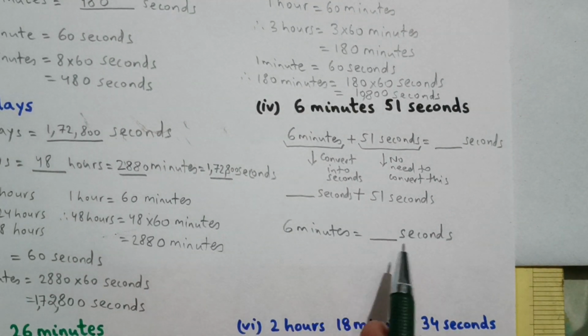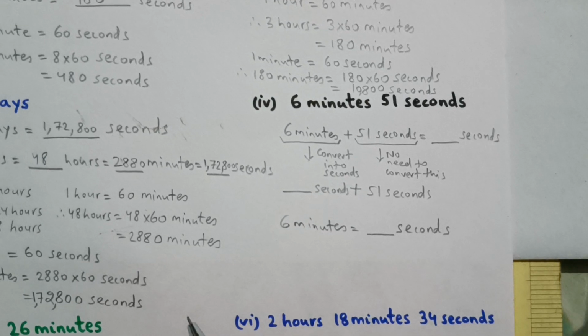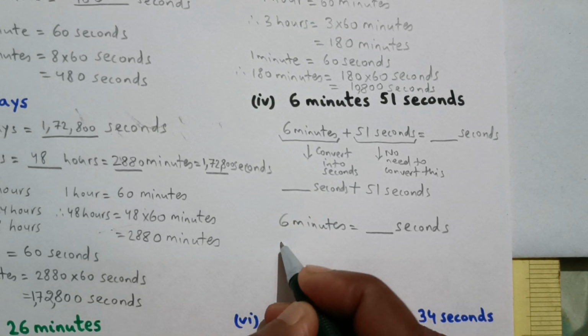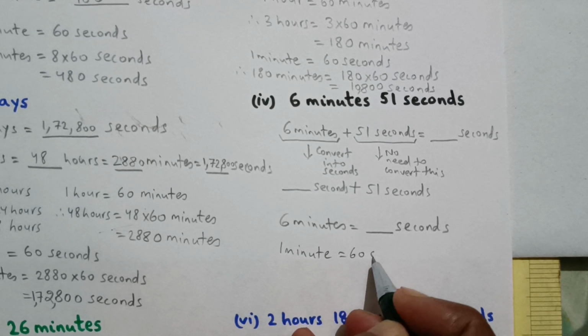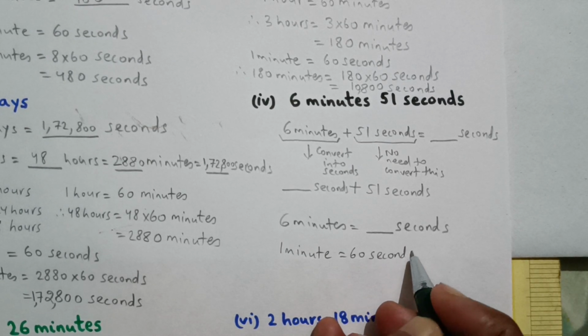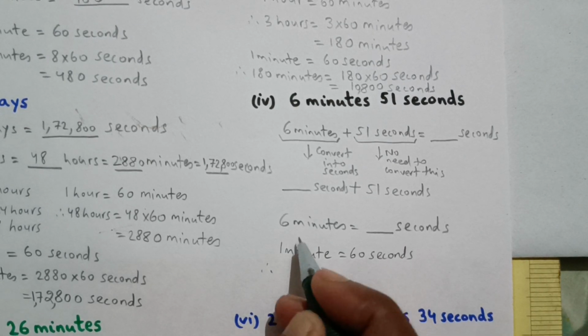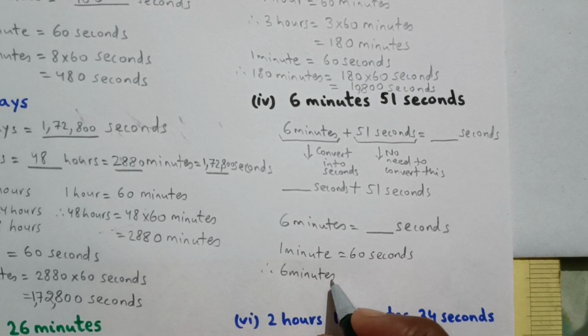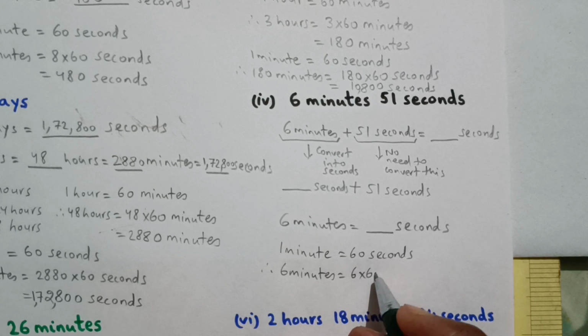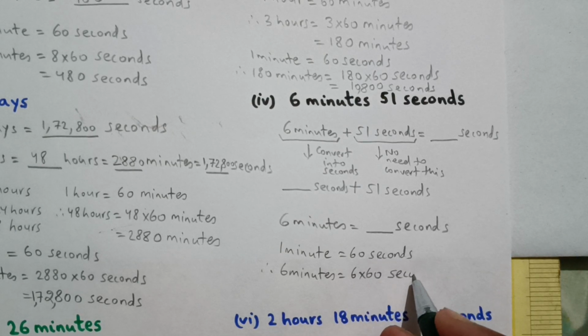So 6 minutes is how many seconds? We know that 1 minute is 60 seconds. Therefore 6 minutes will be 6 into 60 seconds.